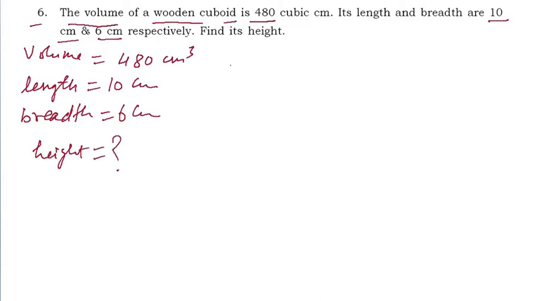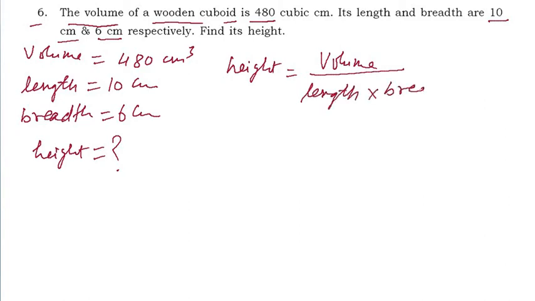Now find the height. So we have the formula for height. Height is equal to volume upon length into breadth. Now volume is given as 480, the length is 10 and the breadth is 6.